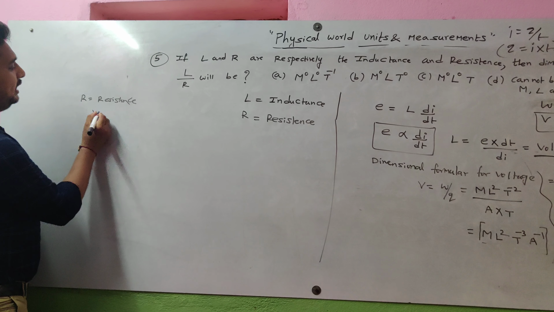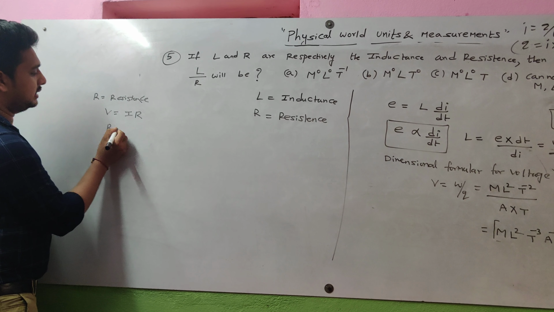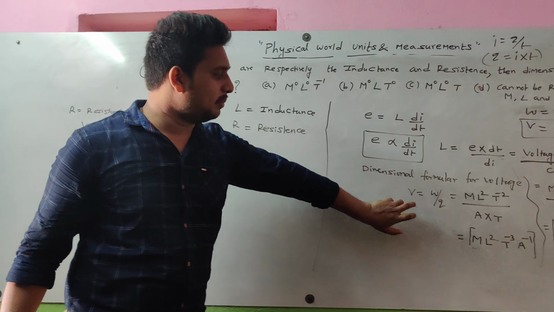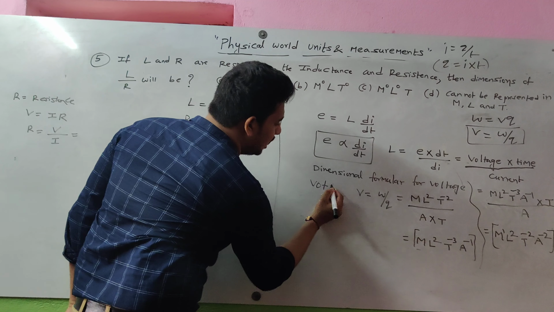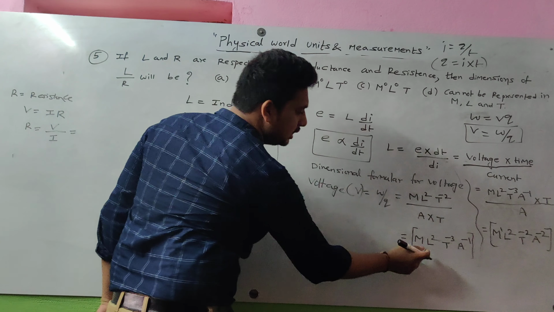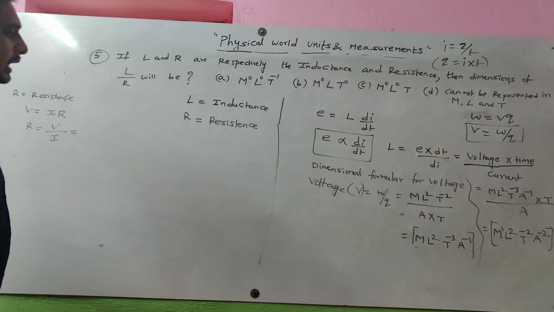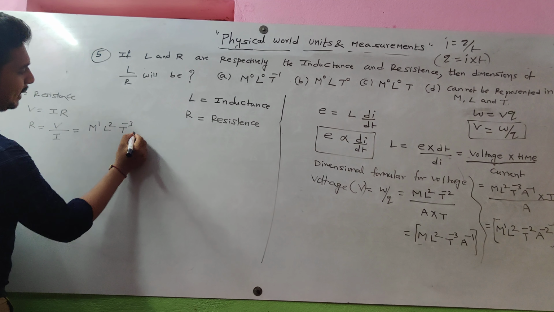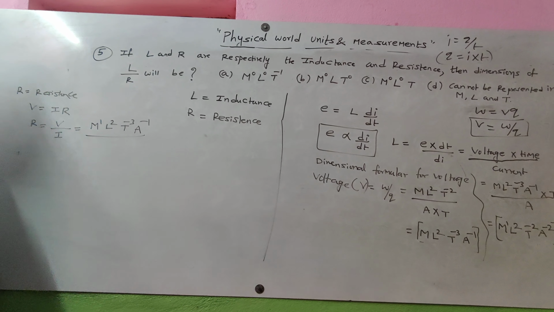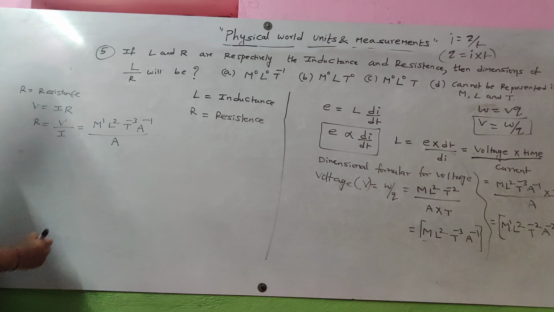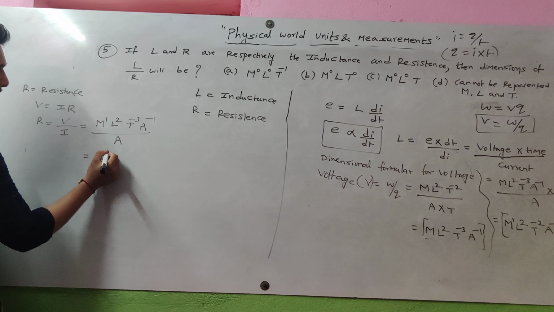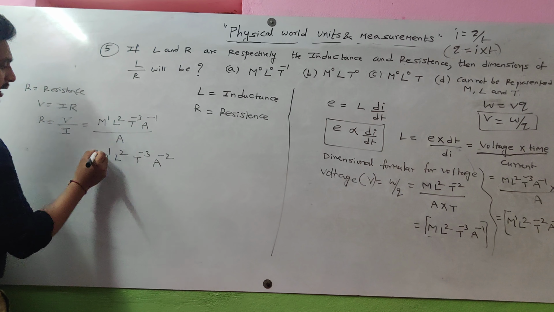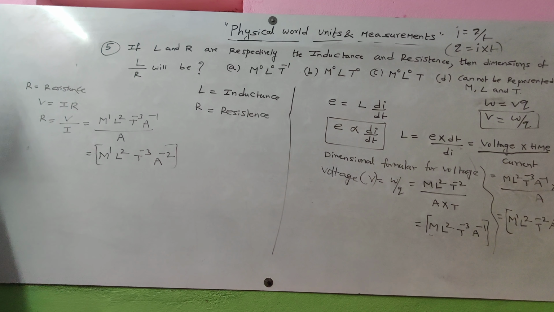We know that V is equal to IR, then R is equal to V by I. Already we got the dimensional formula for voltage, M L square T power minus 3 A power minus 1, divided by I. The dimensional formula for I is A, ampere. That means we got M power 1 L square T power minus 3 A power minus 2. So this is the resistance value we got.